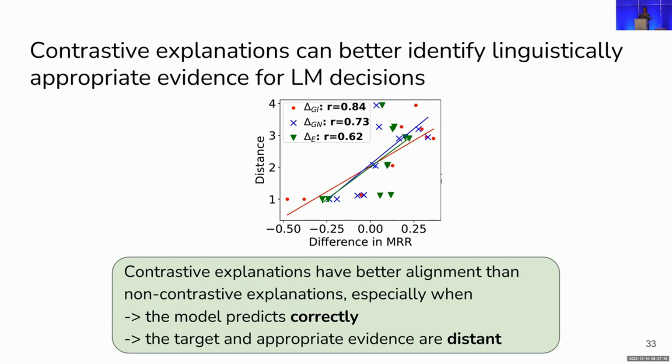We also find a positive correlation between the difference in alignment scores between the contrastive and the non-contrastive explanation against the distance of the target to the selected evidence that enforces grammatical acceptability. So this shows that contrastive explanations outperform non-contrastive ones even more when the known evidence is distant to the target.